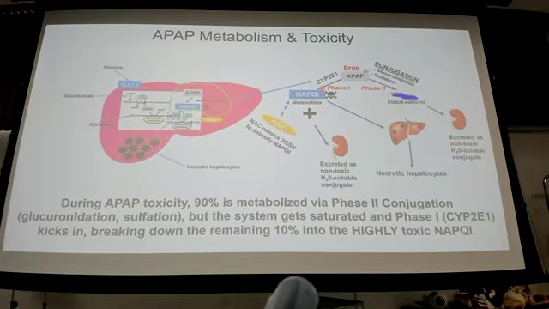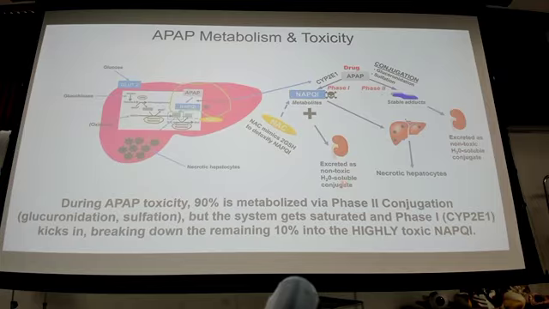APAP interacts with 2E1 after phase 2 gets saturated, so only about 10% forms NAPQI. If we don't have NAC or glutathione, that NAPQI will cause hepatocyte death, but when we treat with NAC, that detoxifies the NAPQI, which is excreted in the urine.